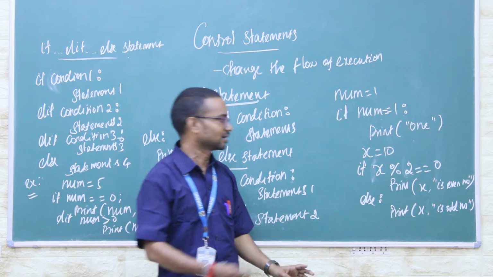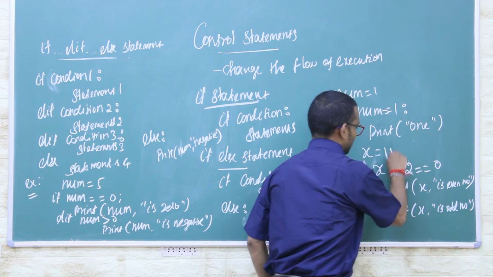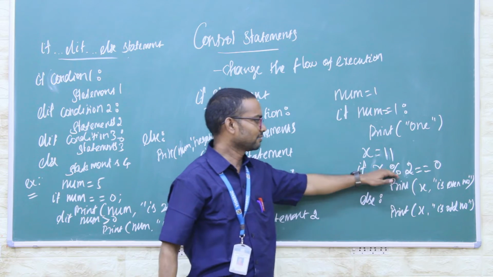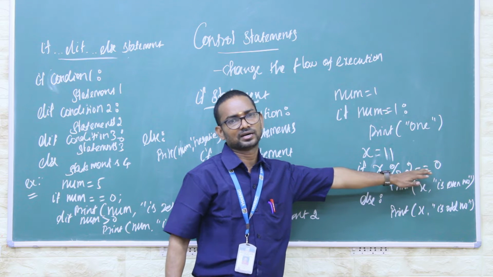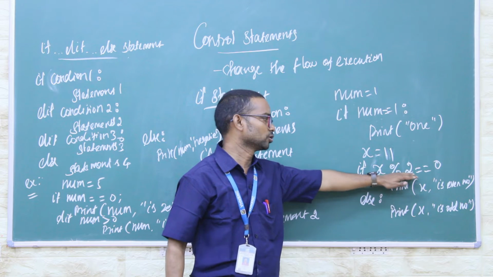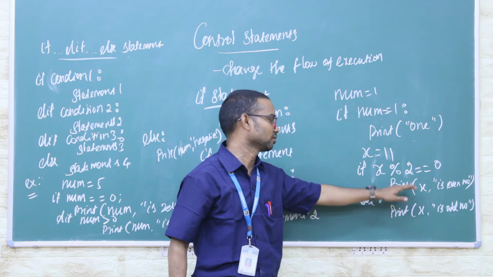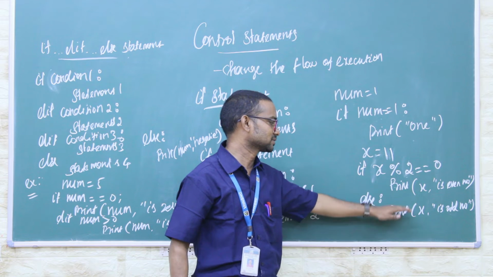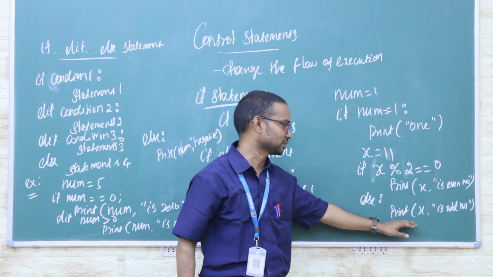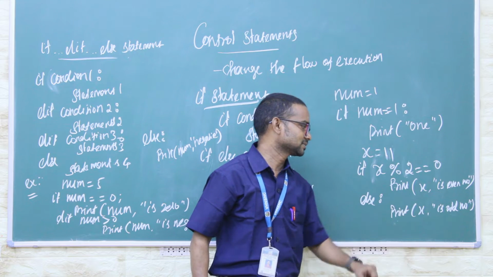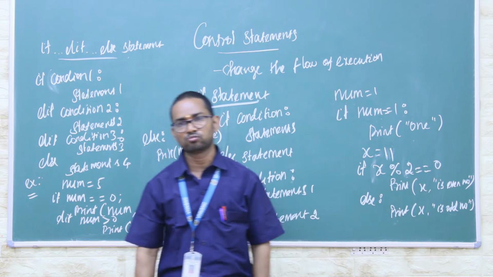Suppose the value is 11: 11 modulo 2 double equal to 0 is not true, because the remainder is 1. So this condition is false, then the else statement is executed, and the output prints: 11 is an odd number.